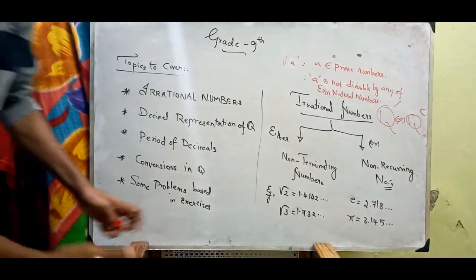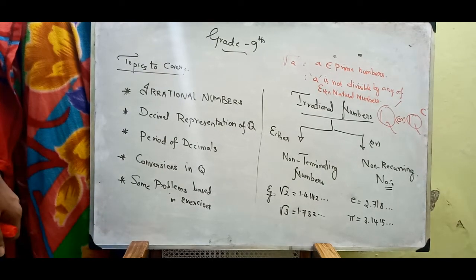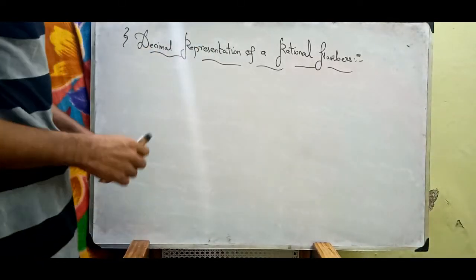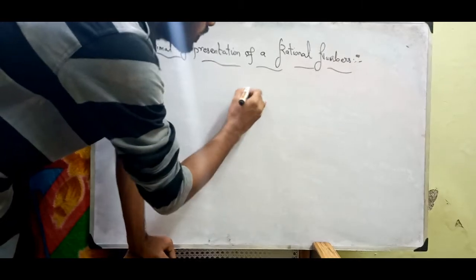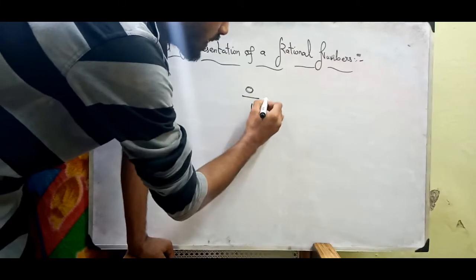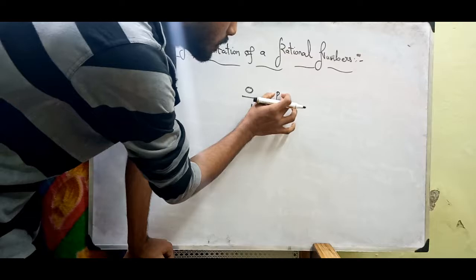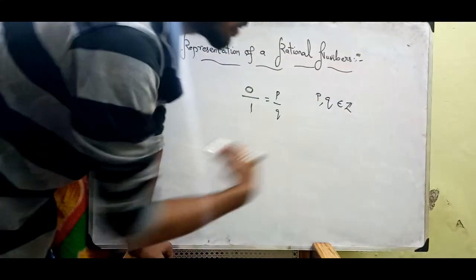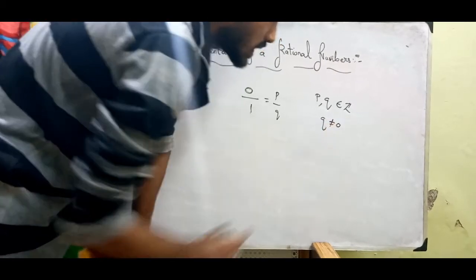Got it? Okay, let us move to the decimal representation of Q. Before looking at the decimal representation of rational numbers, I would like to say one more thing. See, 0 upon 1 is a rational number because it is of the form p by q. P and q are taken from the set of all integers, and the one more condition is q should never be 0.